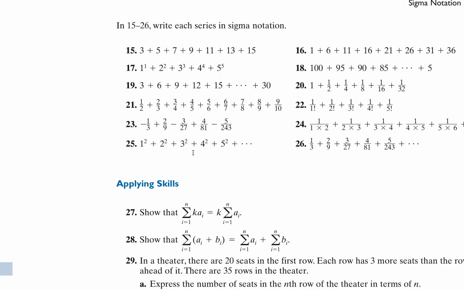I can write the sum with k equals 1 going to infinity. And the formula is... not 1, n squared. Yes, you're right. The general term is n squared.